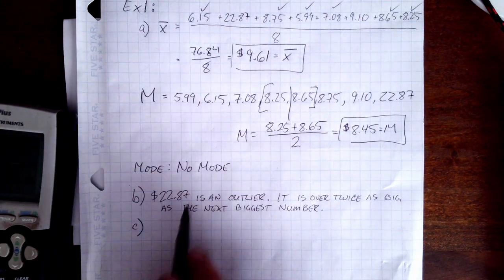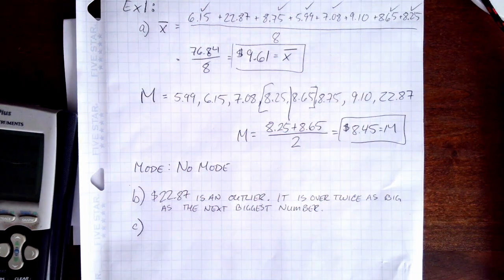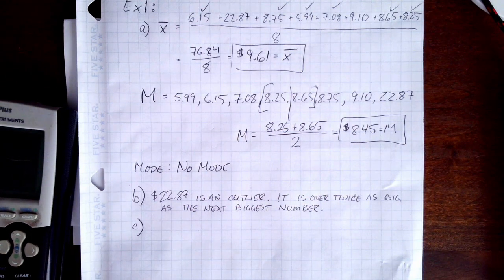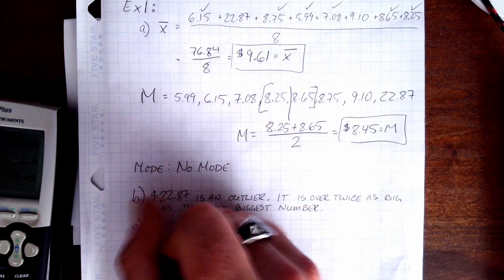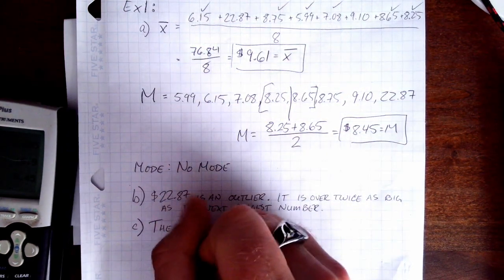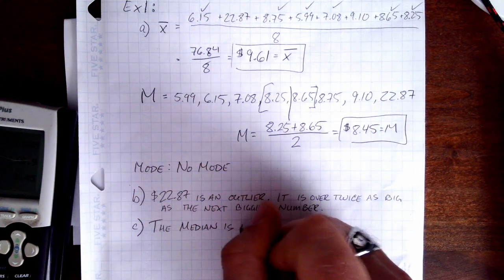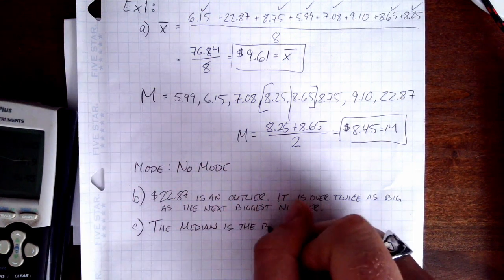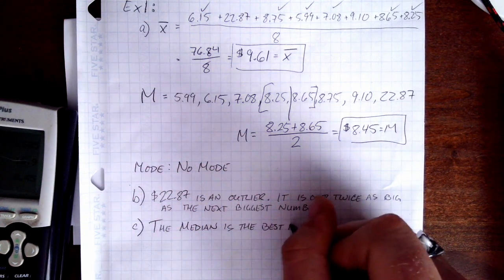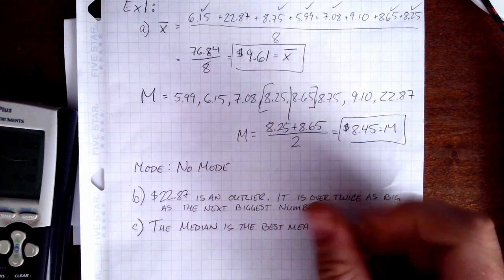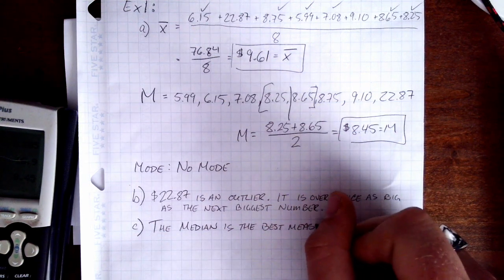So because we do have an outlier, because 22.87 is way bigger than the next number, the median is best. And again, that's because we have an outlier.